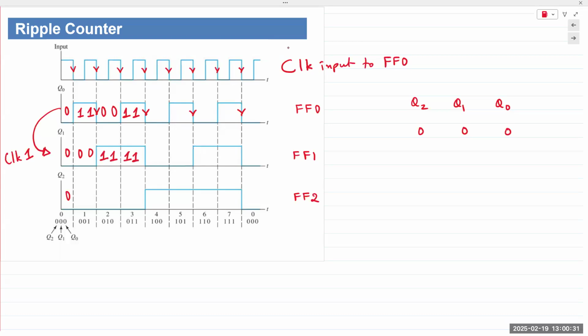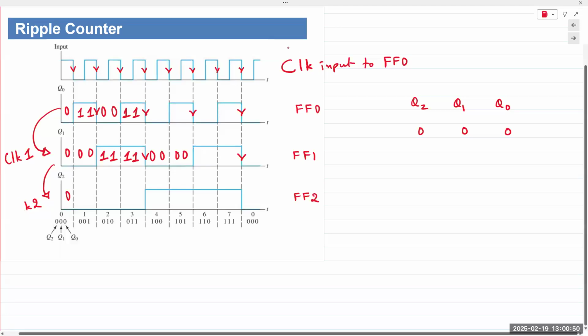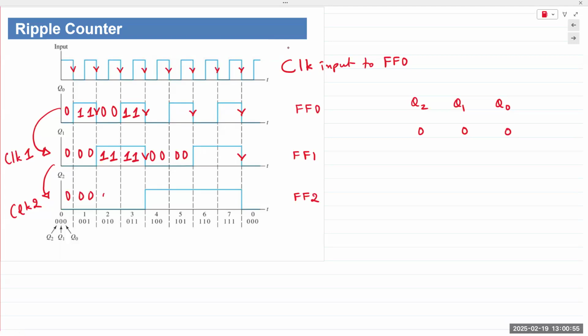It stays at 1 until the next negative edge arrives, then it goes to 0. The output of flip-flop 1 is fed as clock to flip-flop 2. Let's finish this up right here. This doesn't change until this negative edge arrives, and this totals to 1.